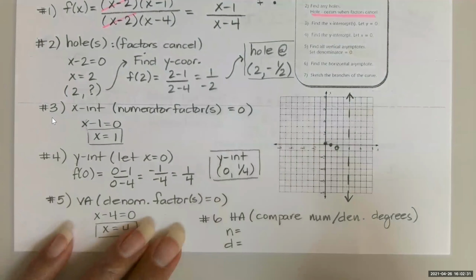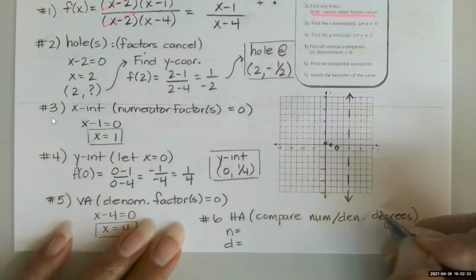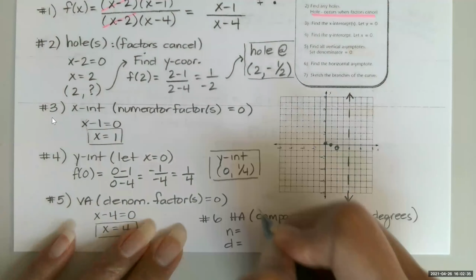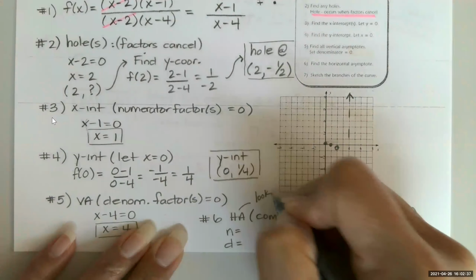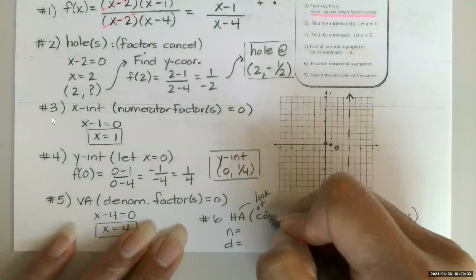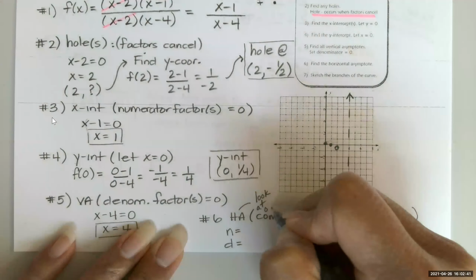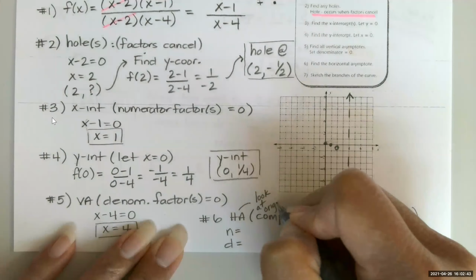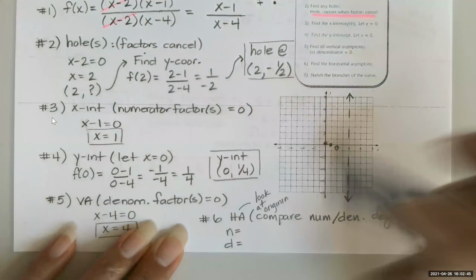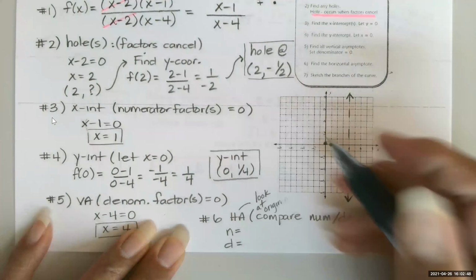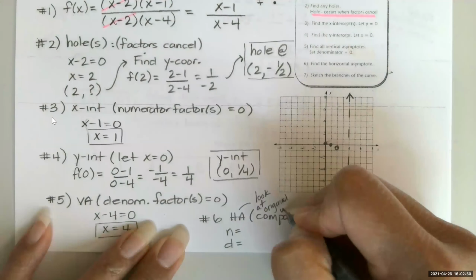So I'm going to put over here, look at the original unfactored rational, okay?